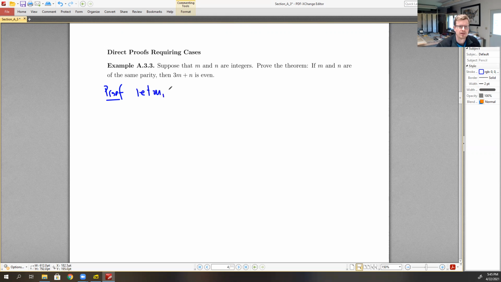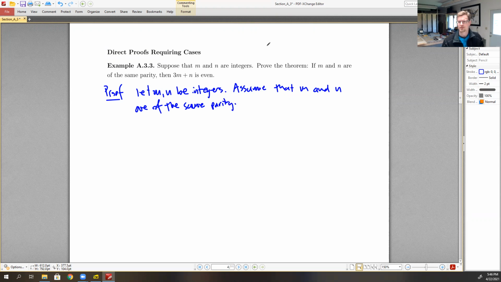Let m and n be integers. All right, and we want to assume the premise is true. So we want to assume that m and n are of the same parity.